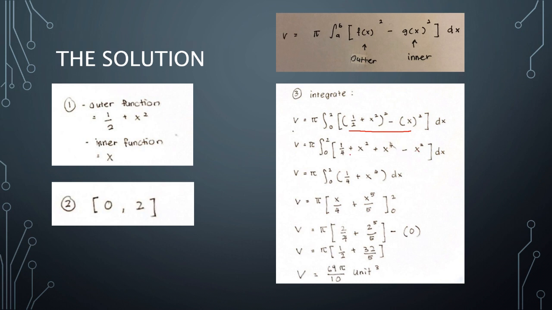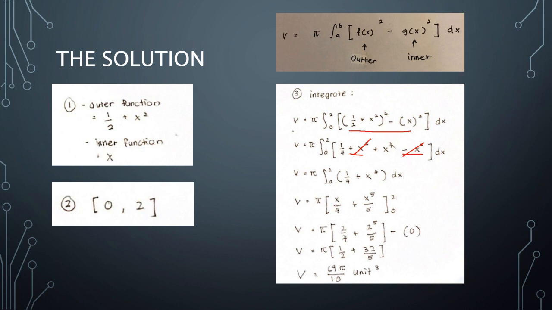As we can see here, the two x squared terms have different signs, one is plus x squared and the other is minus x squared, so we can cancel both of these. Now we are left with 1 over 4 plus x to the power of 4, and we can integrate this now.